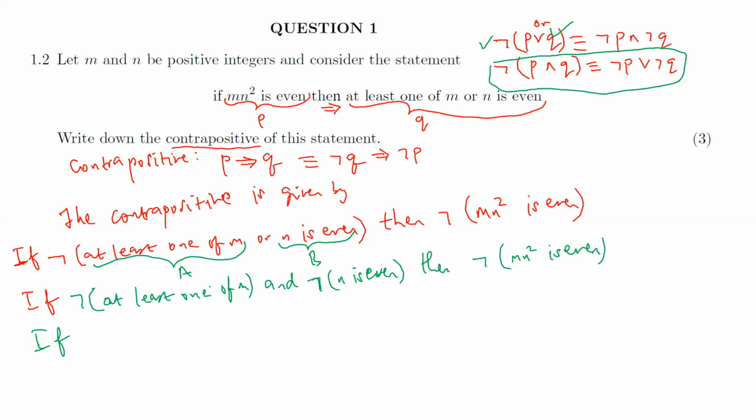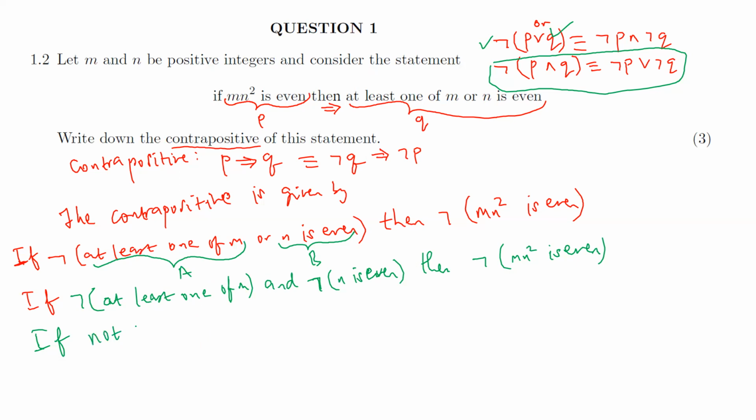So what would that mean? Right, so that would mean, if you negate at least, it becomes not at least. It's the safest way to write it.